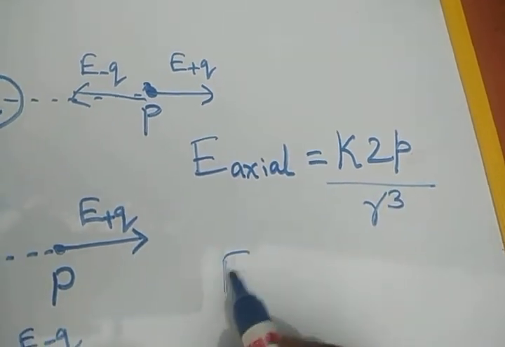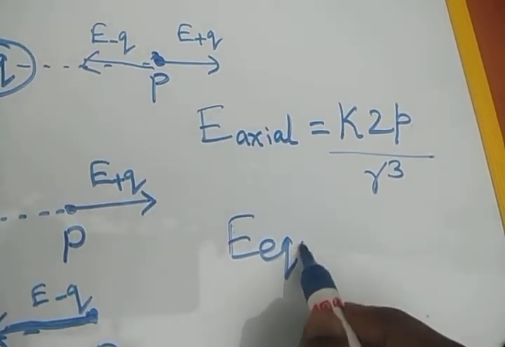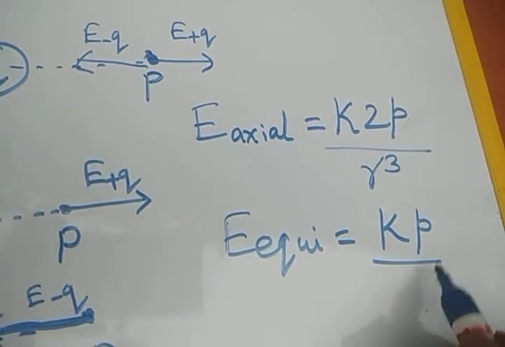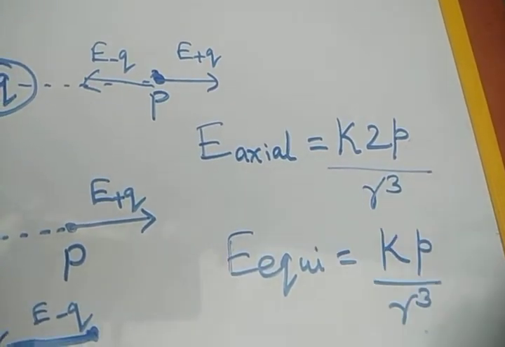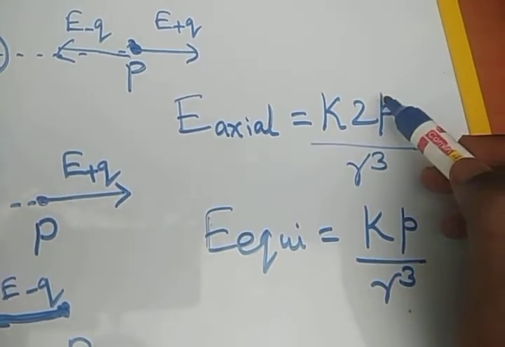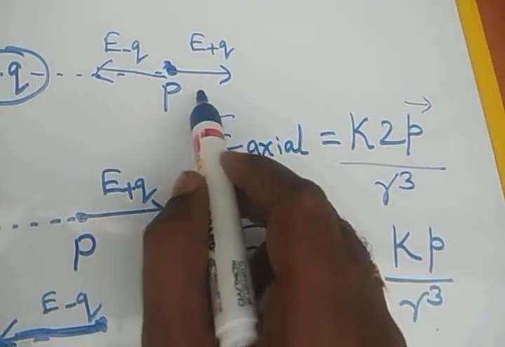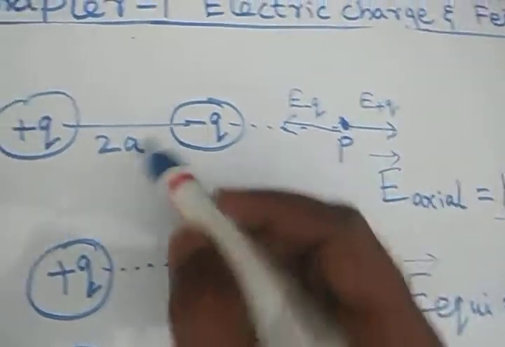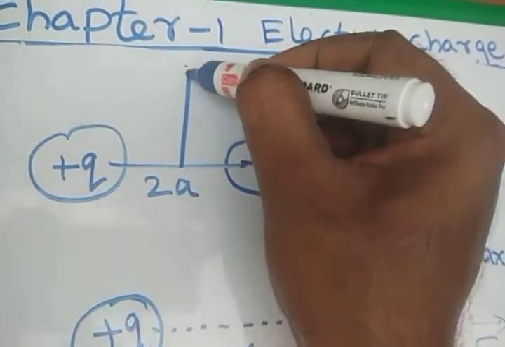For the equatorial line, what is the formula? It is Kp by R cube, where K is 1 by 4 pi epsilon naught, and P is the dipole moment. This is also a vector, the equatorial line field is also a vector. Axial line means along this axis, equatorial line means the perpendicular direction.